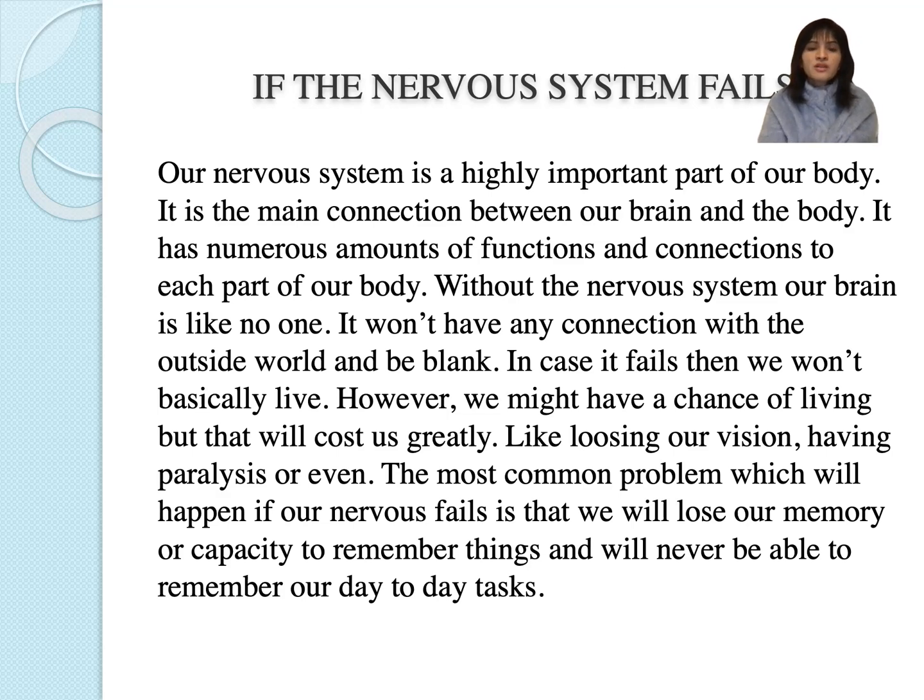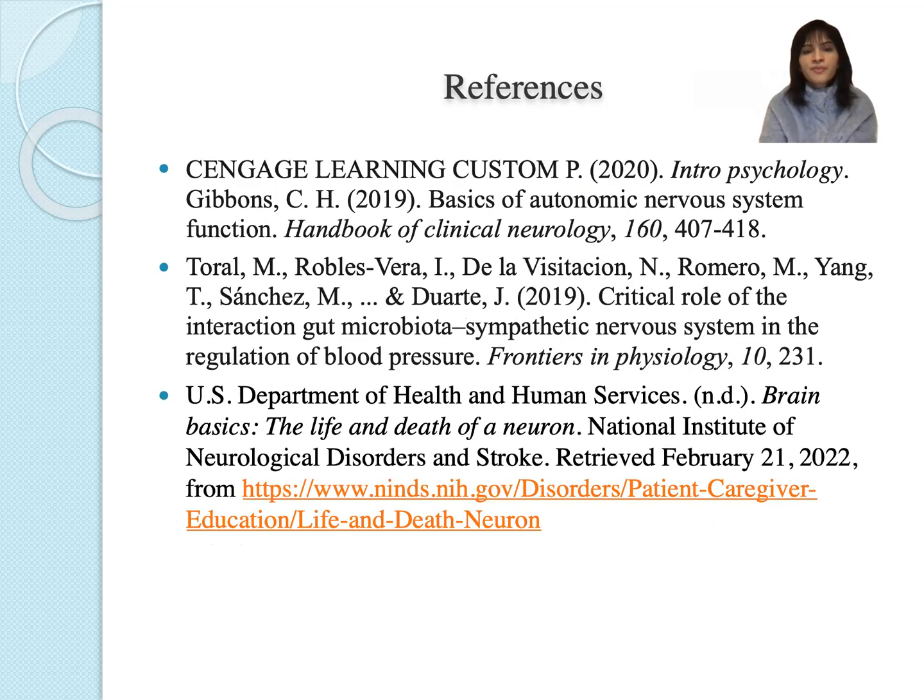Then we won't basically live. However, we might have a chance at living, but that will cost us greatly, like losing our vision, having paralysis, or even the most common problem, that we'll lose our memory or capacity to remember things, and we'll never be able to remember our day-to-day tasks.